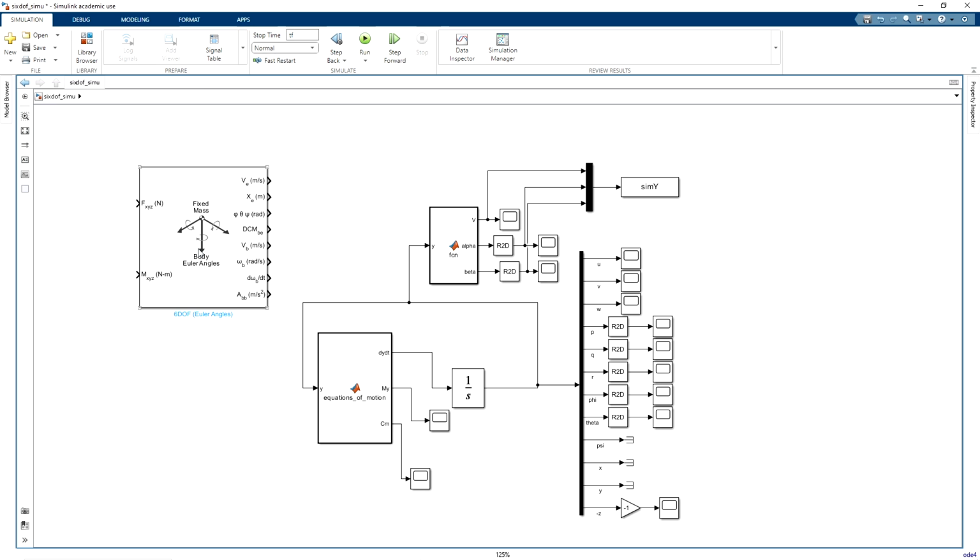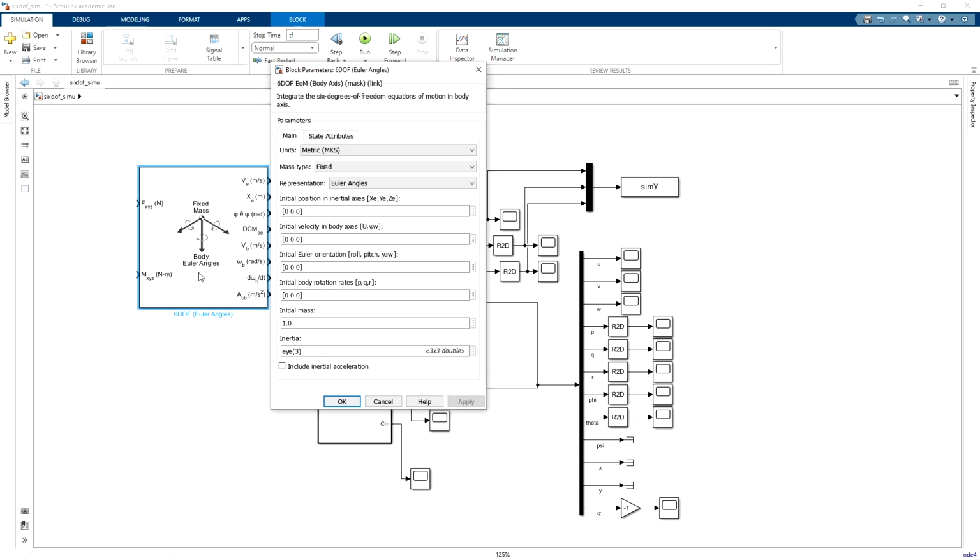All you have to do is put the forces vector here, similarly the moments vector here, like we did for 3 equations of motion. We have outputs here: velocity, phi theta psi, the DCM, the direction cosine matrix, velocity in body axis, rates p q r, and then accelerations, and the acceleration in the body axis.